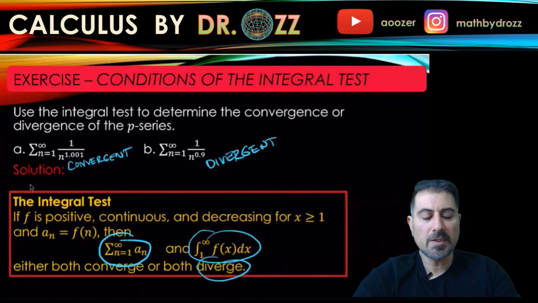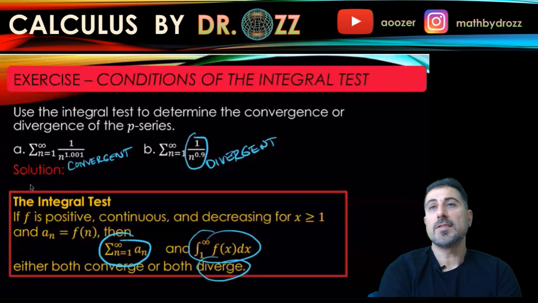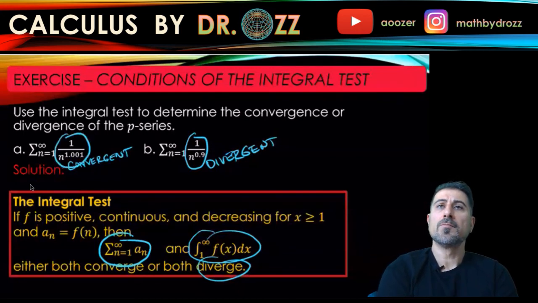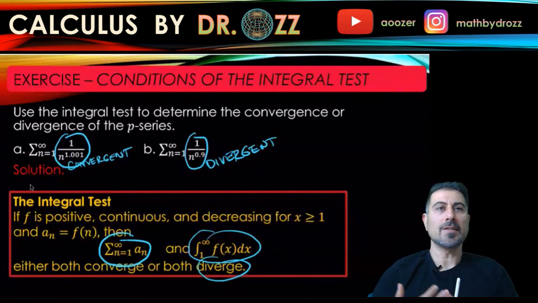The given series, by the way, are very special series. We call them P series. So we in fact have a special test. We call it the P series test to conclude about convergence or divergence. But the proof of the P series test relies on the integral test. I reserved one example in this section.